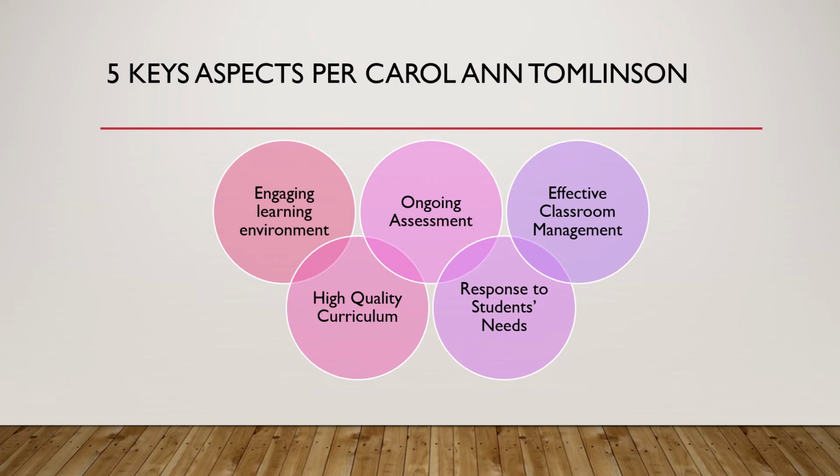Second, a high quality curriculum, so making sure that you as the teacher understand what goals your students need to be hitting, how to make this happen for them, and how to help them. If you don't know the curriculum, then you can't be the best teacher that you can be. Third, ongoing assessment, like we've talked about before, is knowing before, during, and after how to assess what's going on, using different methods of assessment to really get a good gauge of where your students are at.